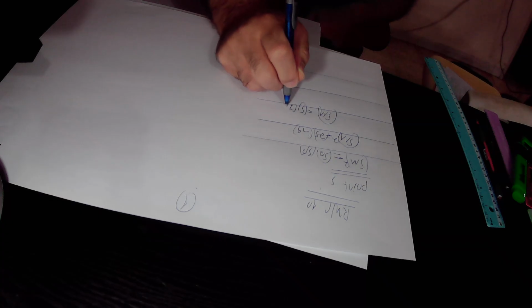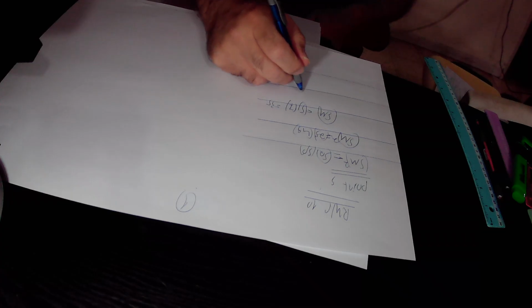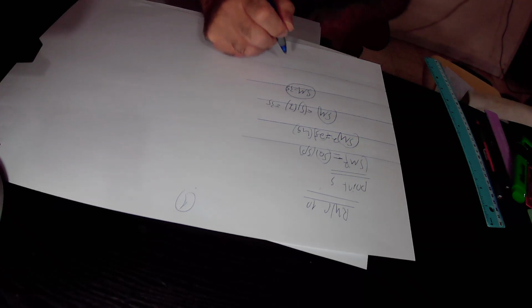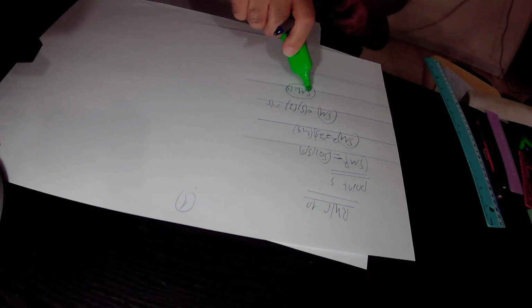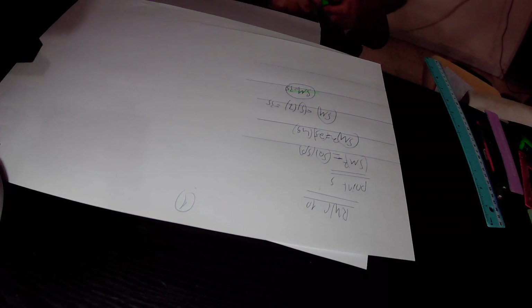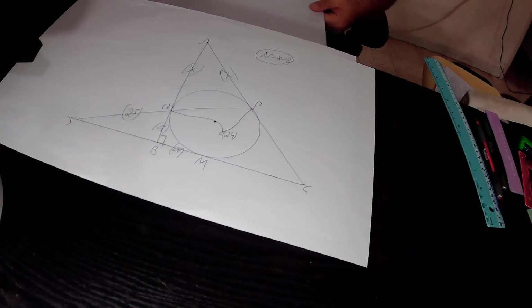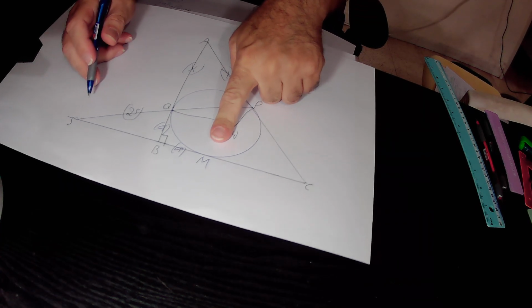So in total, SM equals 5 times 7, that is 35. So this tangent SM equals 35 units in length.